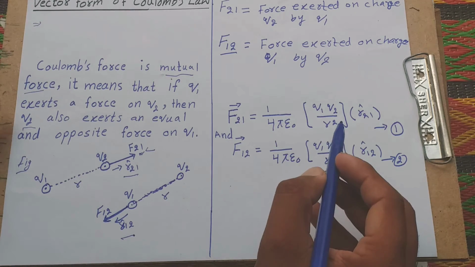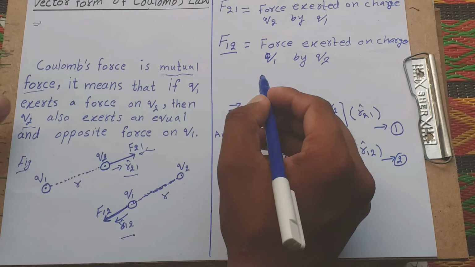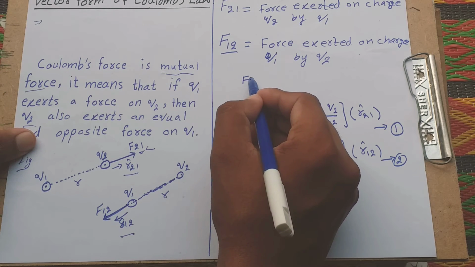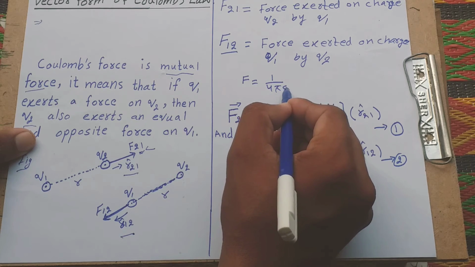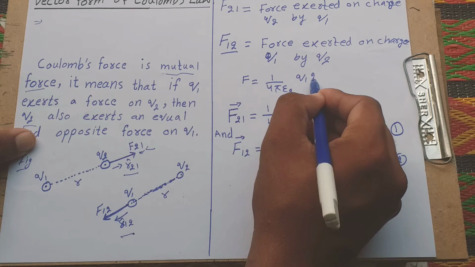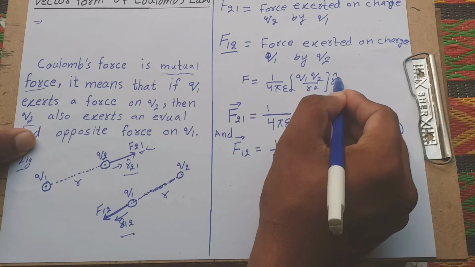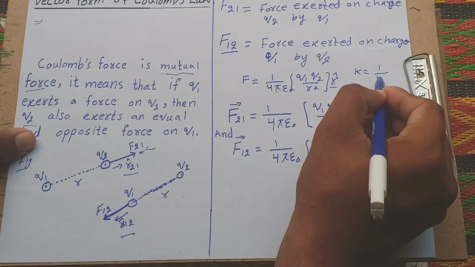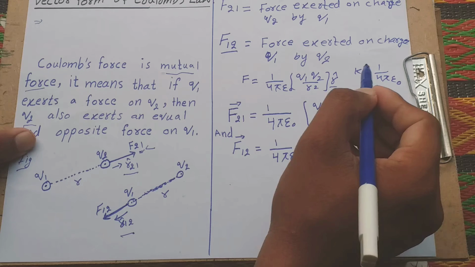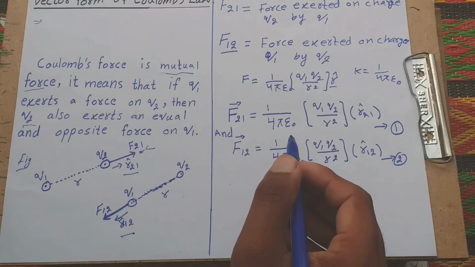And here we prove the electrostatic force. What is the electrostatic force? F is equal to 1 over 4 pi epsilon naught, q1 q2 over r squared, times a unit vector. We know that k is equal to 1 over 4 pi epsilon naught. Here we prove the relation, the vector form of Coulomb's law.